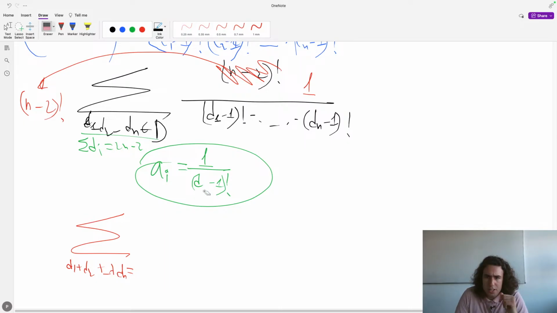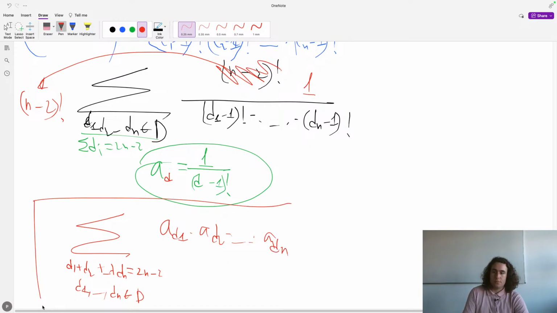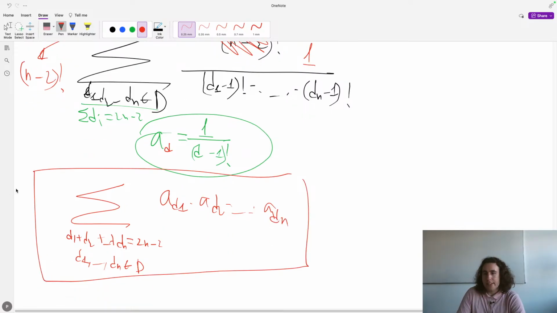I wanted to define AD to be equal to 1 over d minus 1 factorial. And then we're summing up over all such things such that they sum up to 2n minus 2, and they are from the set D, of the values AD1 times AD2 and so on times ADN. This is what we want. And then there is n minus 2 factorial at the beginning.